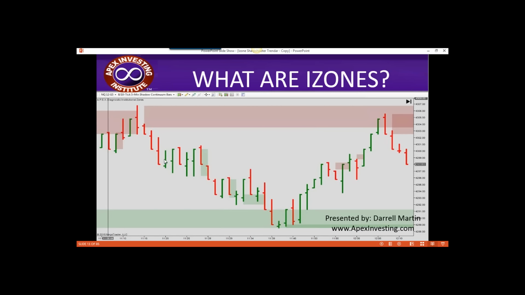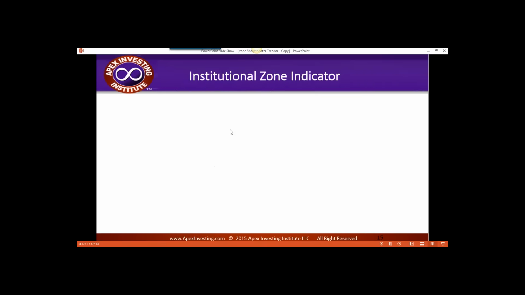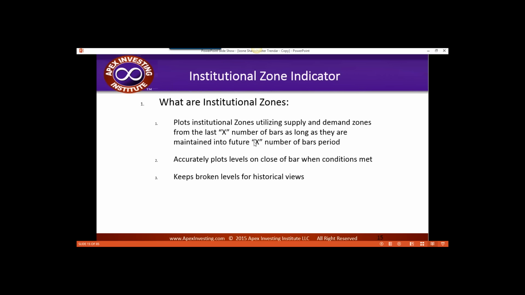All right? And so everybody understands what IZONE levels are. Okay, so now let's look at what are institutional zones. Well, I just showed it to you on a chart. You don't really care about the back-end programming of it, but it plots these institutional zones utilizing supply and demand zones from the last X number of bars, as long as they're maintained into the future X number of bars, and so on.